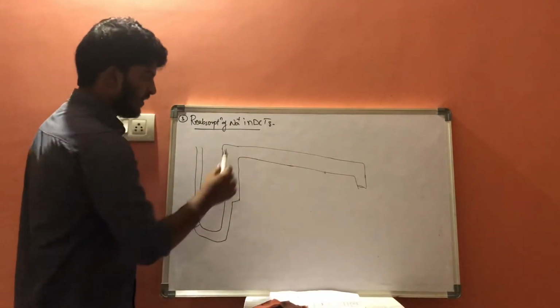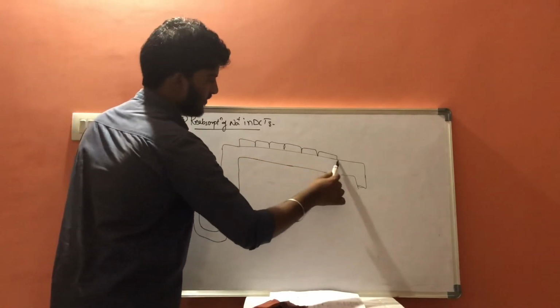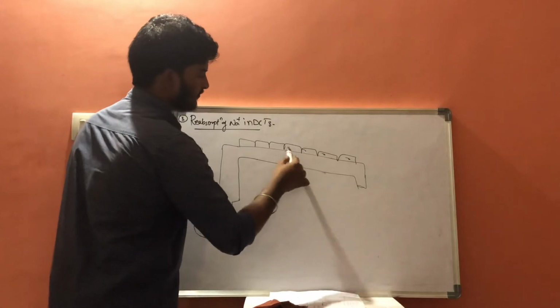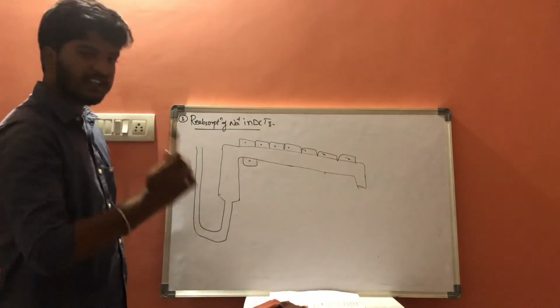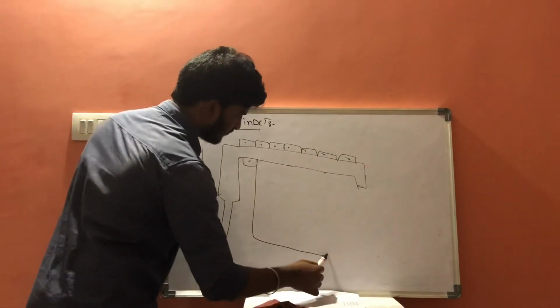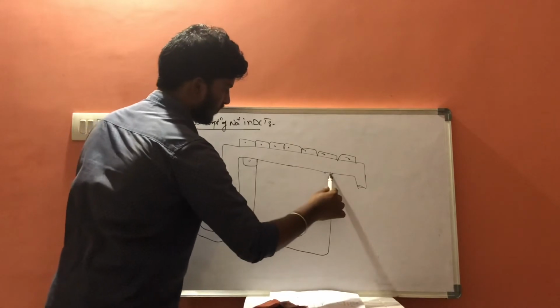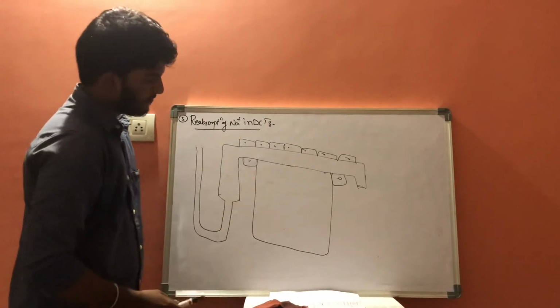This is the DCT, and it is made up of different types of epithelial cells. Out of that, let us draw one big cell here. This is one big cell of the DCT.